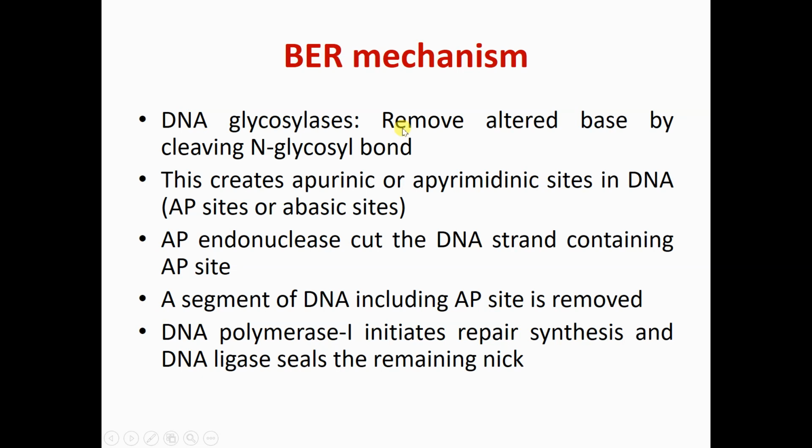First, the DNA glycosylase enzyme removes only the altered base by cleaving the N-glycosidic linkage between the base and the deoxyribose sugar. So it will create apurinic or apyrimidinic sites in the DNA, also known as AP sites or abasic sites. The AP endonuclease enzyme then cuts the DNA strand containing the AP site.